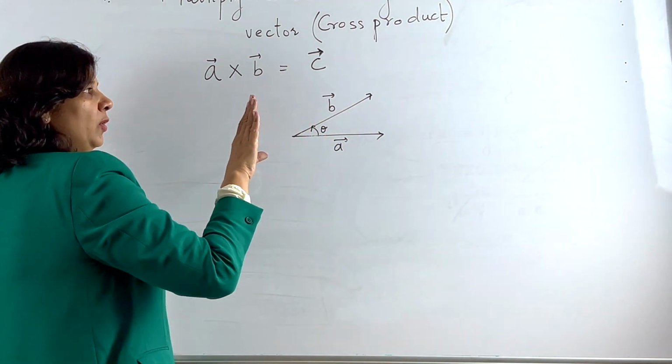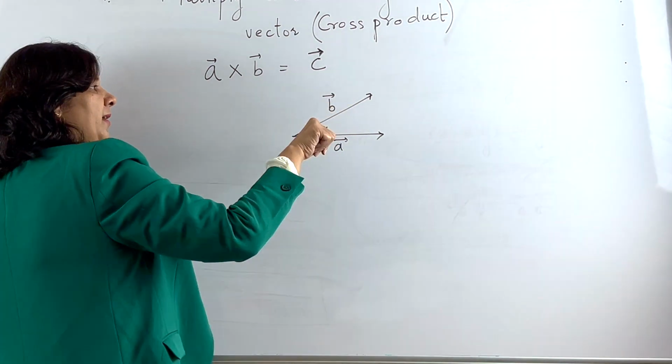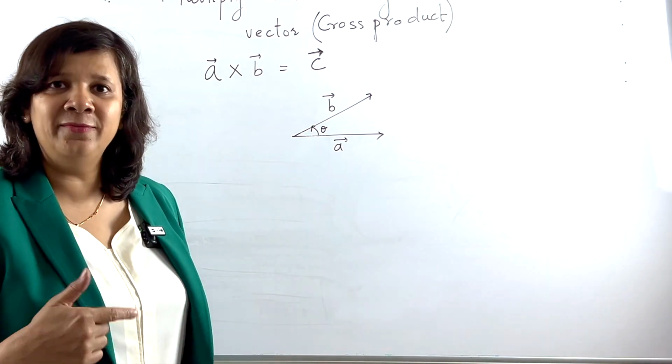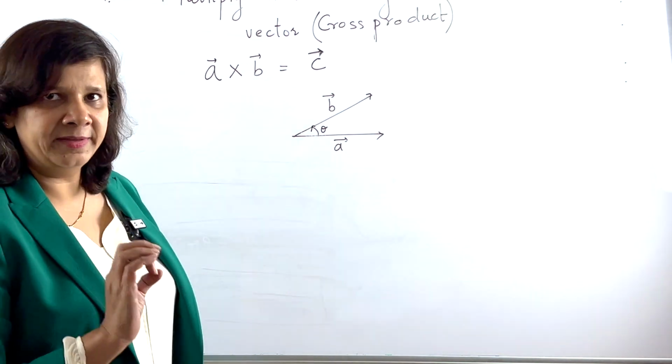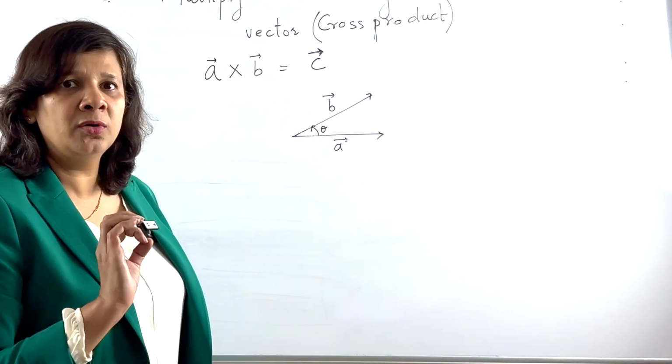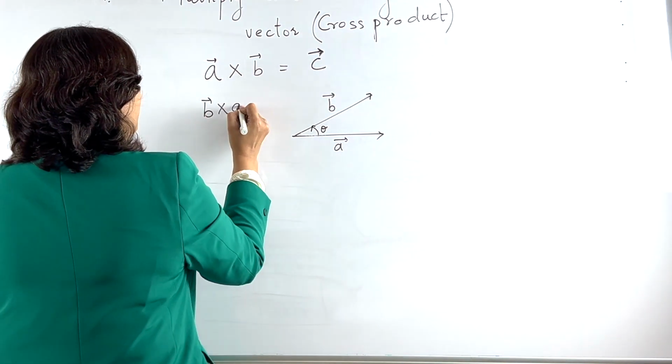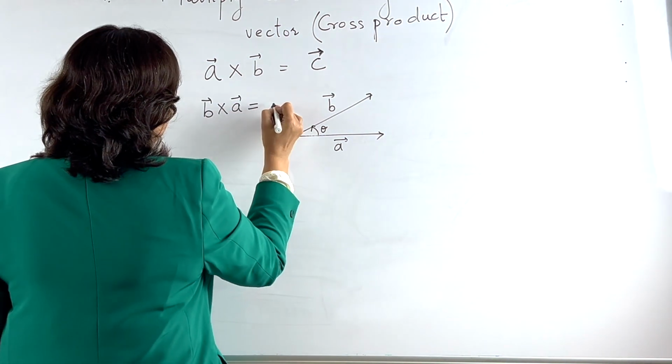But if I sweep from B to A, my thumb will point into the board. So the direction will be opposite and we will get an additional sign. That is why cross product is not commutative. B cross A will be equal to minus C.